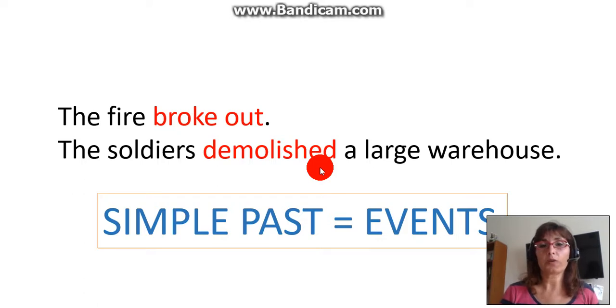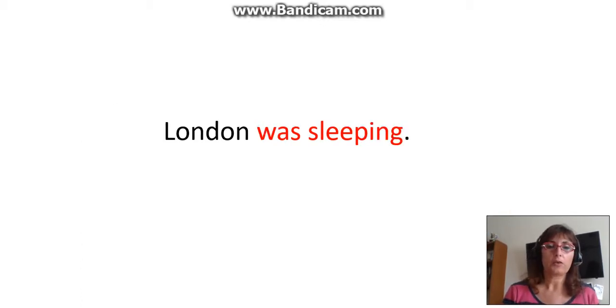Apart from this, we are going to use other tenses to make your story more interesting and of course to get a better mark in your writings. Look at this. Landon was sleeping. In what part of the story would you find this sentence? At the beginning, in the middle, or at the end of the story?